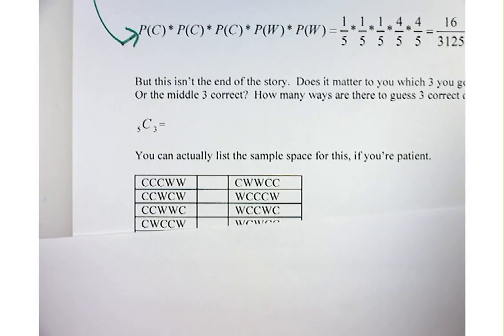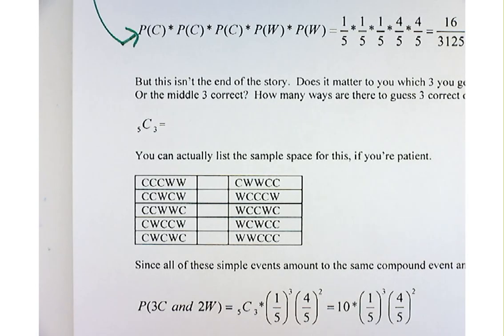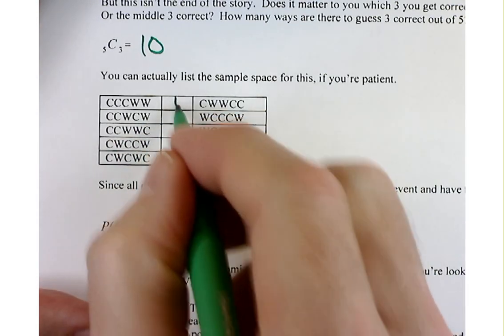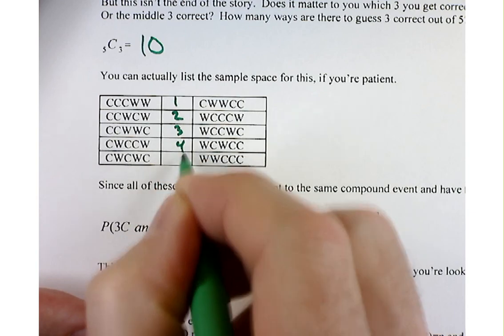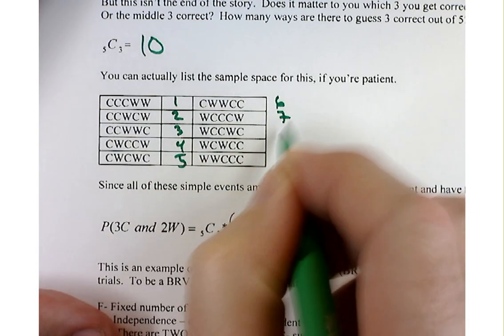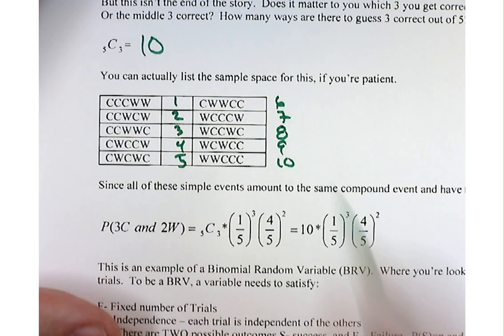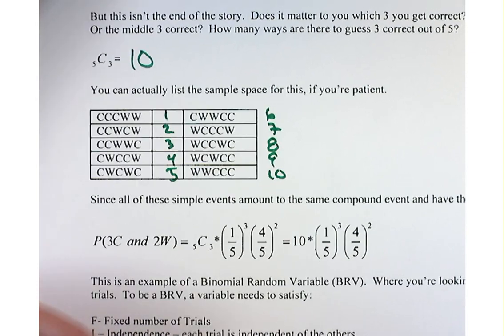There are 10 different ways you could have 3 right and 2 wrong. And if you wanted to list them out, this is small enough that we can: there's 1, 2, 3, 4, 5, 6, 7, 8, 9, 10. Those are all the 10 different ways this can happen. It doesn't matter to you which one of those happens.